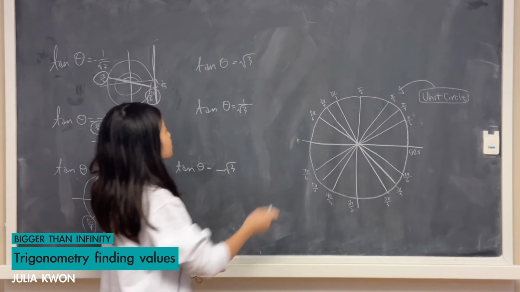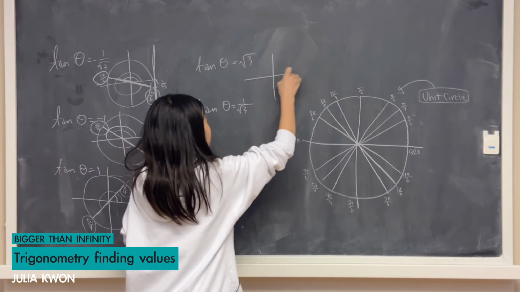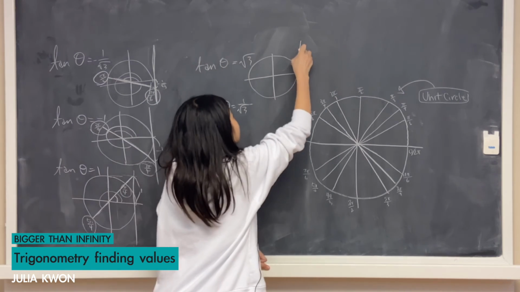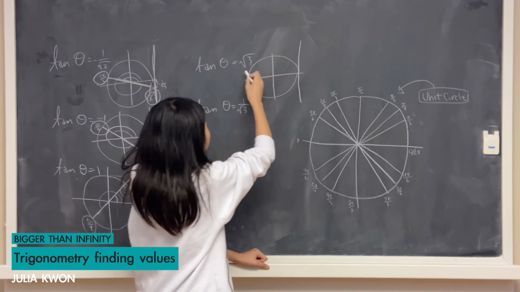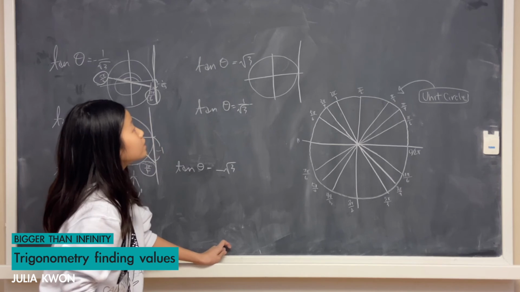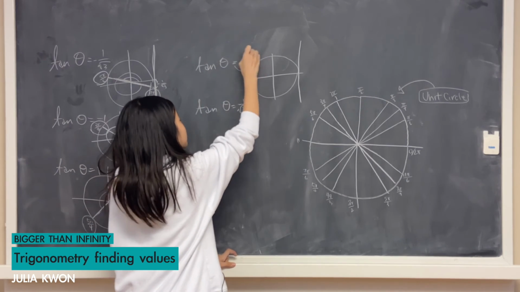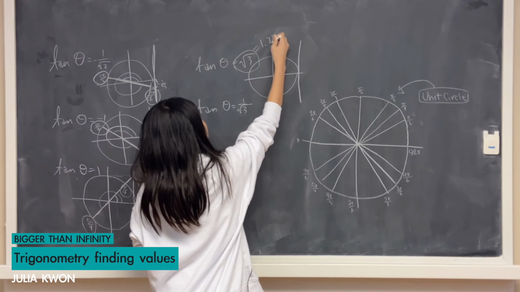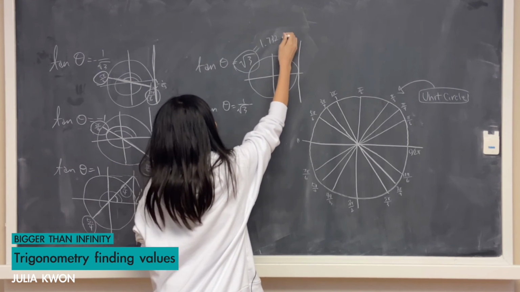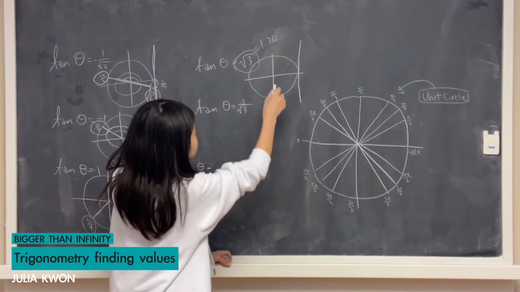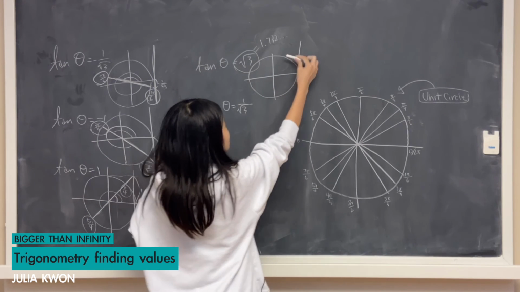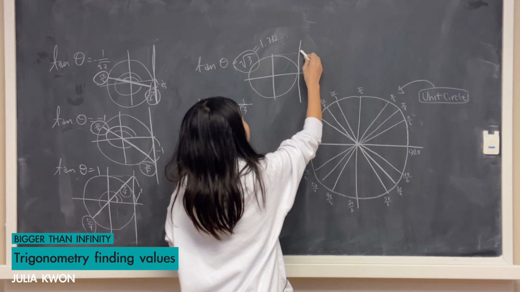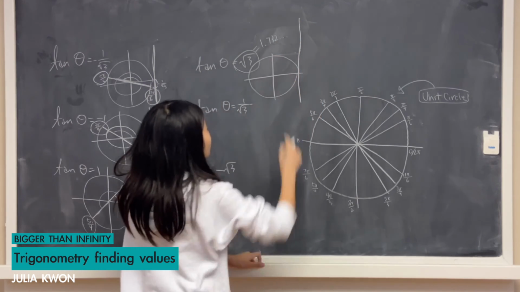For tangent theta equals square root of 3, square root of 3 in decimals is 1.732, and so the radius is 1, and this is kind of close to 2, right?